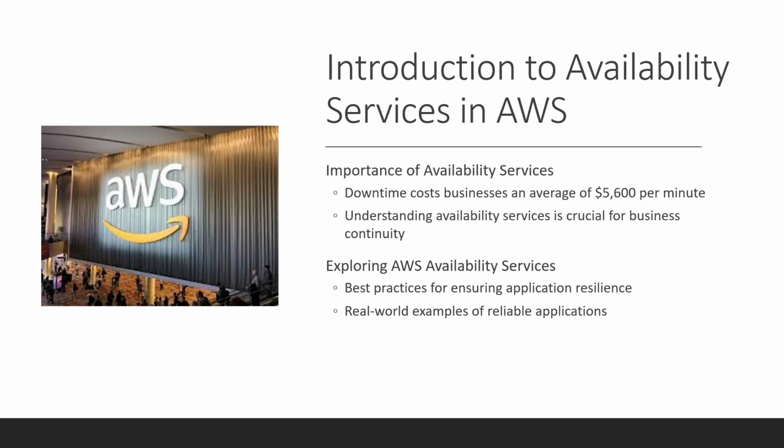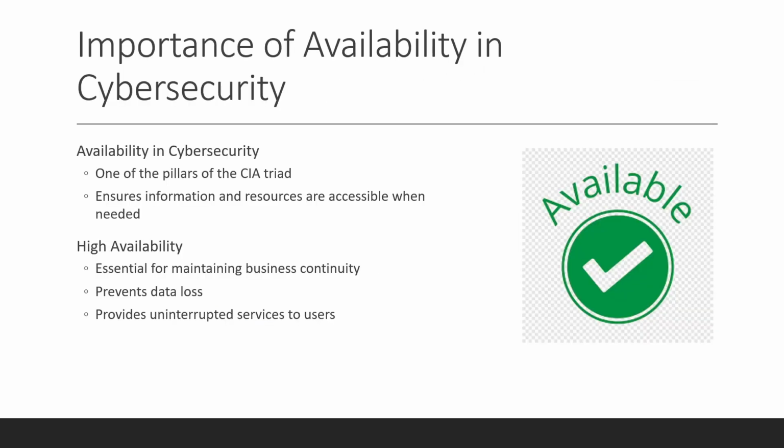So let's get started. Now, availability is a key aspect of cybersecurity, and this ensures that resources are accessible when they are needed. High availability is crucial for business continuity, preventing data loss, and providing uninterrupted services. In fact, availability in cybersecurity is one of the core pillars of the CIA triad.